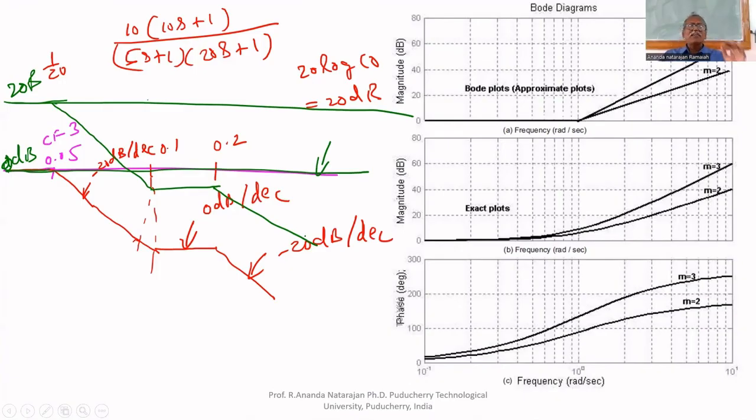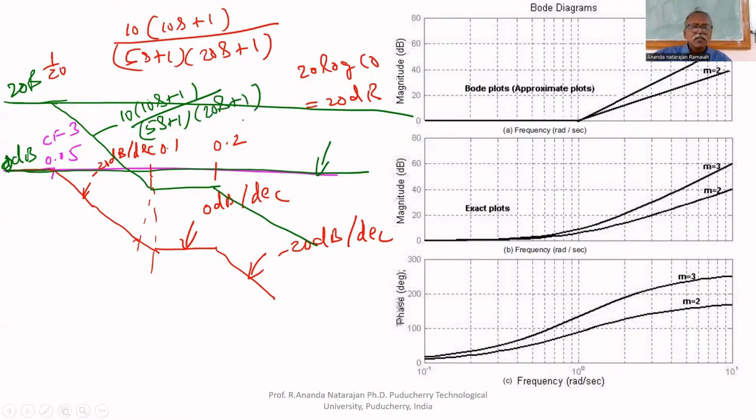So, K will shift the entire plot up or down. If K is greater than 1, it will shift the entire graph up. If K is less than 1, it will shift the entire graph down. That's all. Now we got the Bode plot for 10s plus 1 divided by 5s plus 1 multiplied by 20s plus 1.